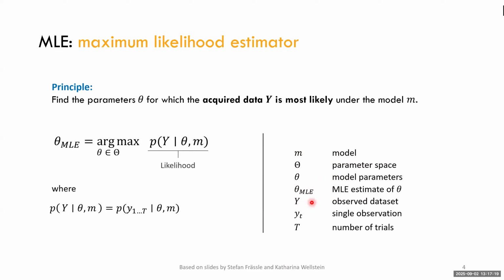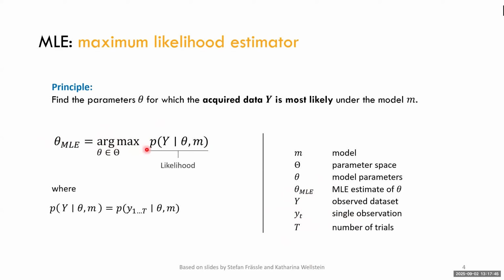Capital Y is our observed data set. Y sub t is a single observation within this data set, because a lot of the time in an experimental setting, you have multiple trials. And then here, capital T is the number of trials. And so what we're trying to get at is this theta MLE, which is equal to the maximum of our likelihood function with respect to the model parameters.